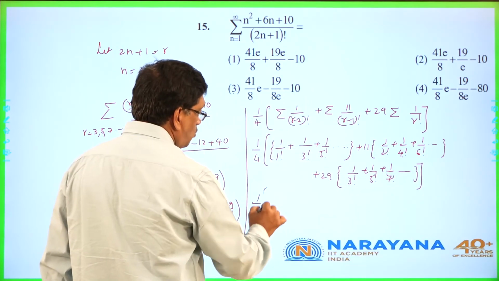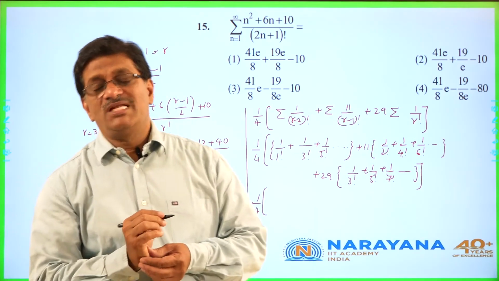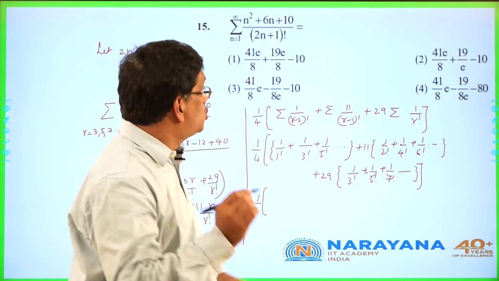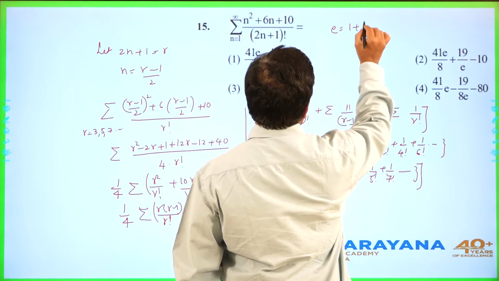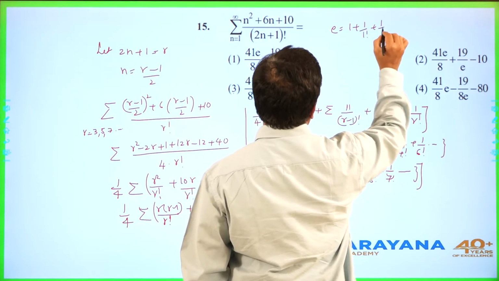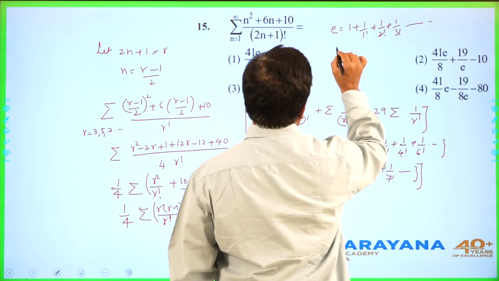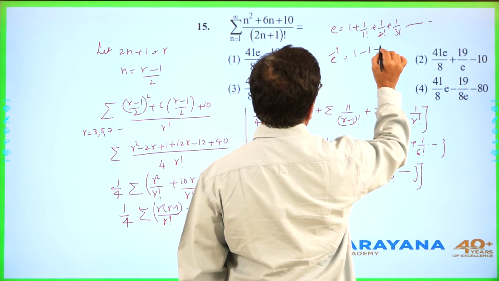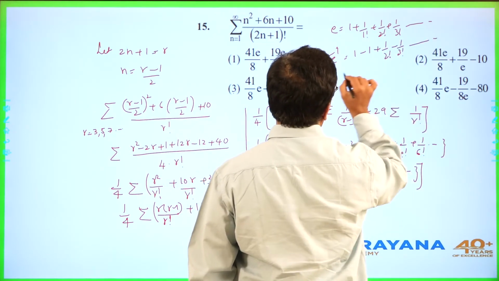This is 1 by 4 times the sum of odd terms. You know that e expansion is 1 plus 1 by 1 factorial, 1 by 2 factorial, 1 by 3 factorial; e power minus 1 is 1 minus 1 plus 1 by 2 factorial, like this.